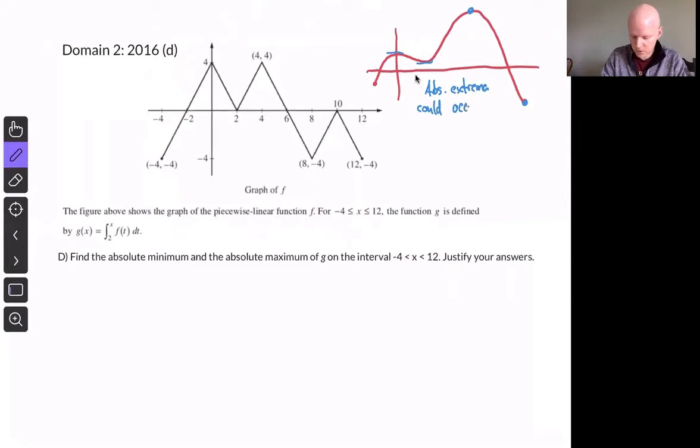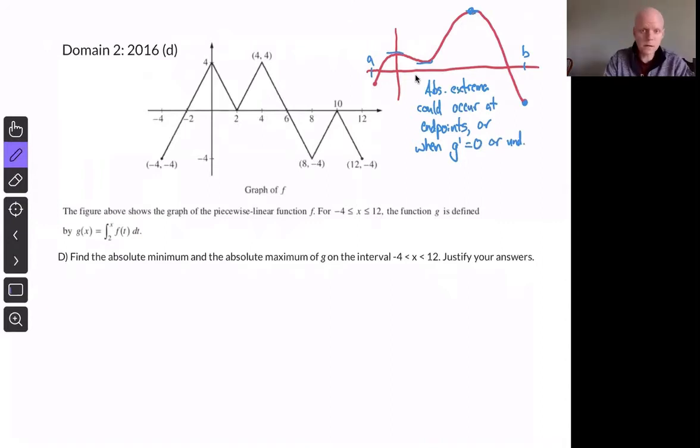Our absolute extrema could occur at the endpoints of the interval, which would be either endpoint A or endpoint B, or at critical points, when the derivative or when g prime is equal to 0 or undefined, which are these humps and things in the middle.